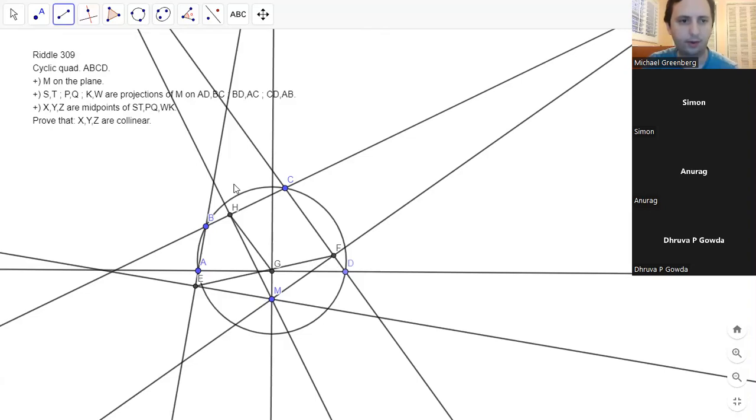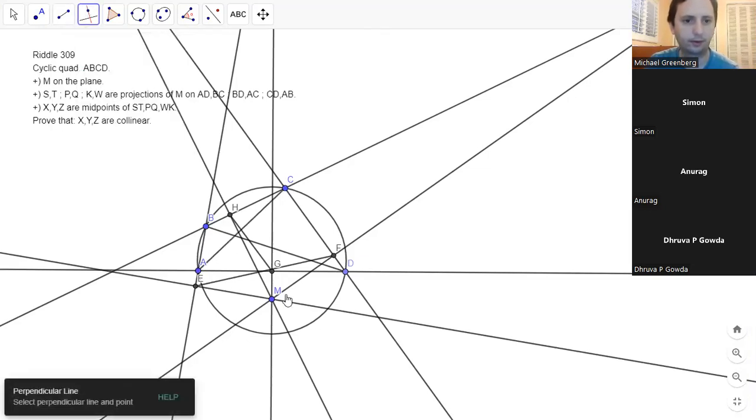The diagonals. I didn't draw the diagonals of ABCD, but you also project onto those. And basically you want to show the midpoints of those 3 segments are collinear.